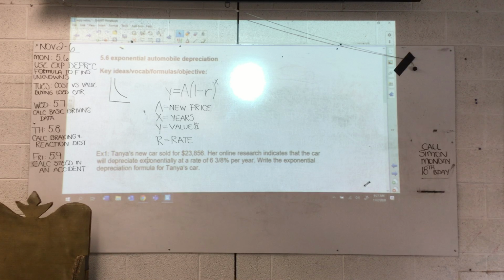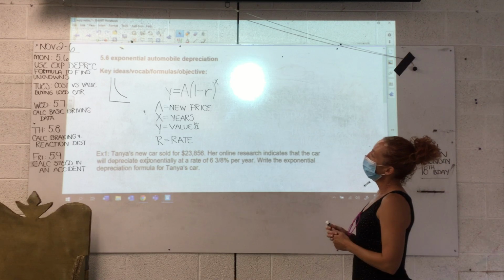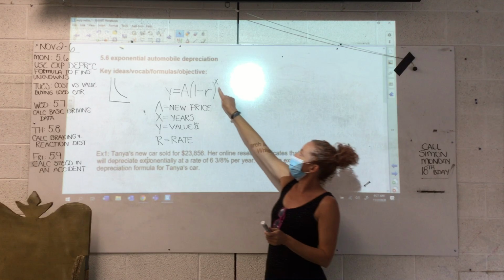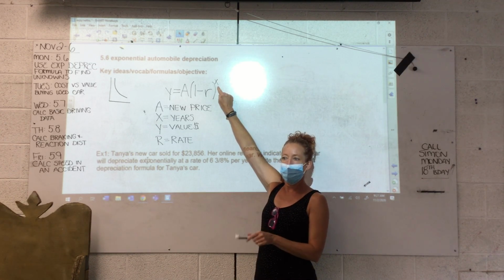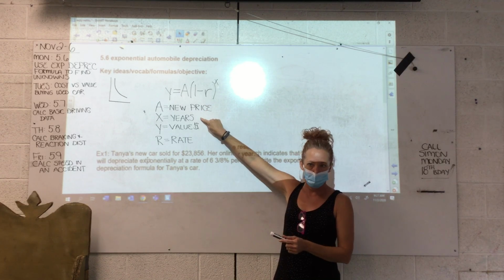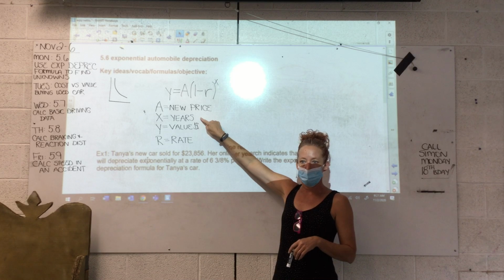Sometimes you'll be asked the question, how old is the car? This is the very last one we're going to look at today. When the question asks how old the car is, it's going to ask you to solve for X, because X is the only thing up here that stands for time. The only way you can solve for an exponent in life is if you use logarithms.